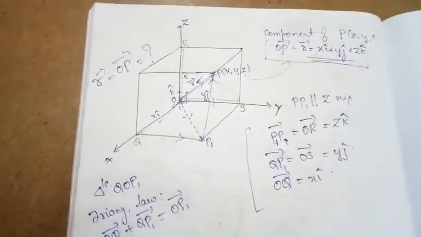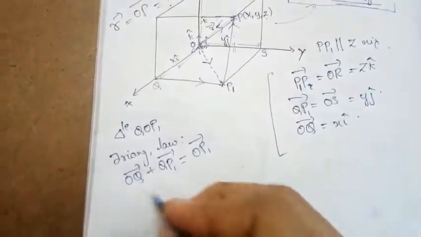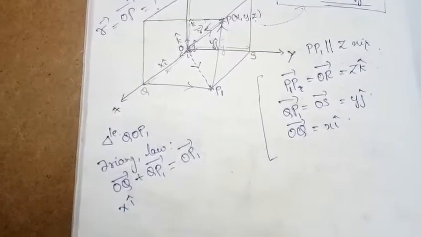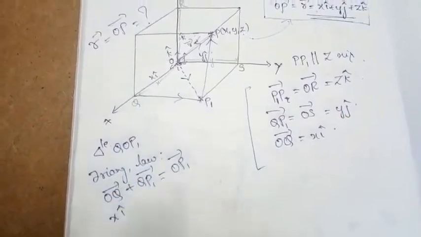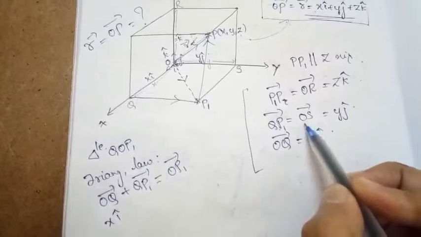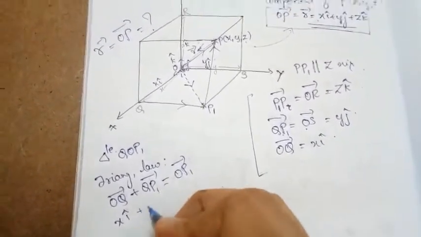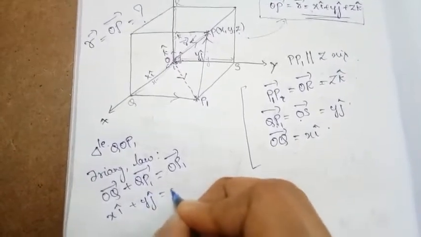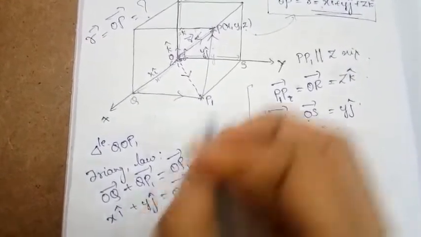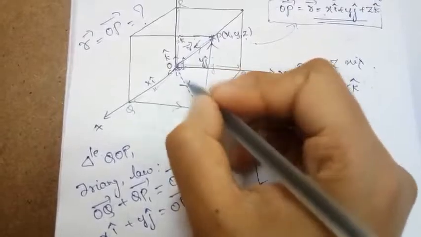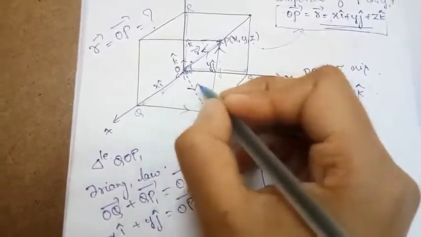What is vector OQ? It is nothing but x i cap. What is vector QP1? You can see QP1 is equal to vector OS, which is y j cap, and the sum is equal to vector OP1. So the resultant of these two vectors will give us what?